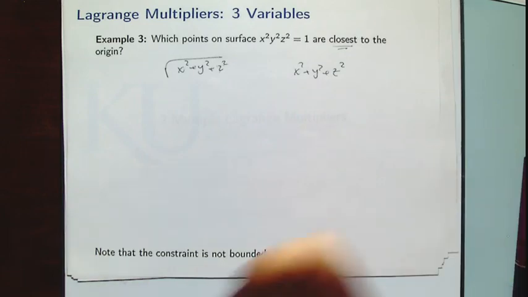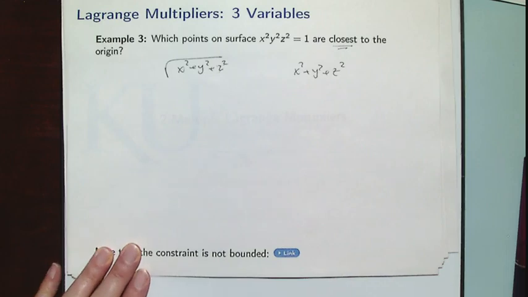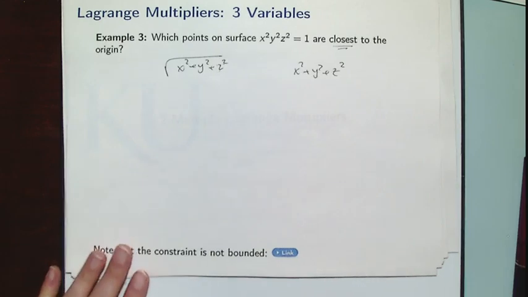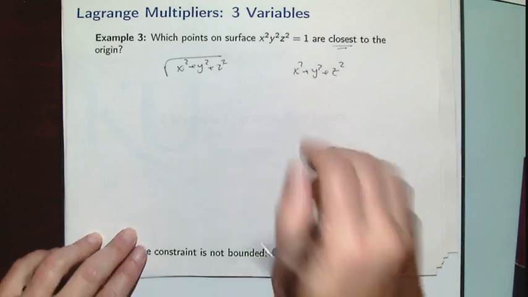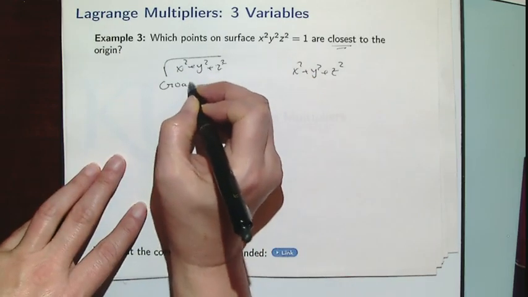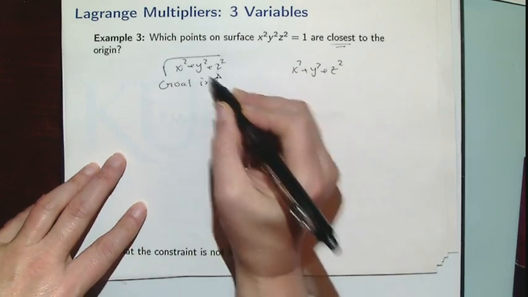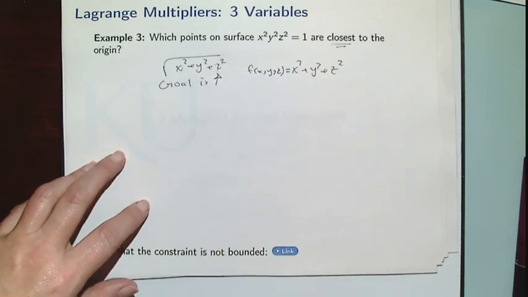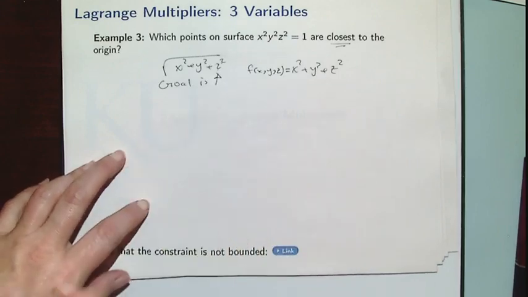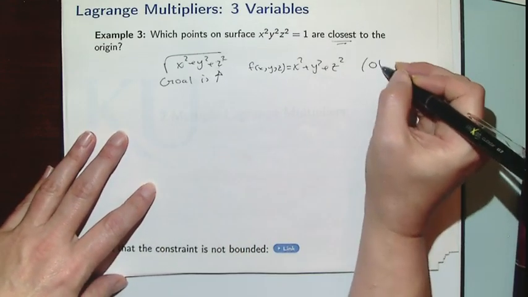Whenever I optimize this, those points would work here. Fair game? So I'm going to optimize this instead. The goal is this, but I don't like the square root, so I choose this, because if this is optimized, then the square root of it is optimized. So this is the objective.